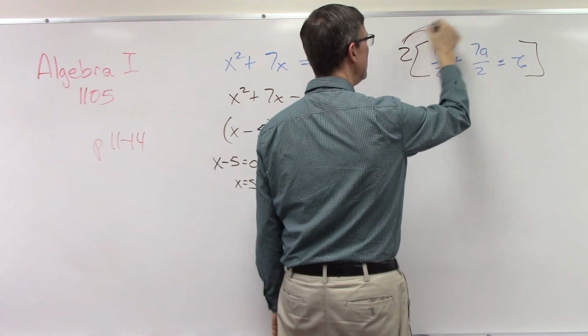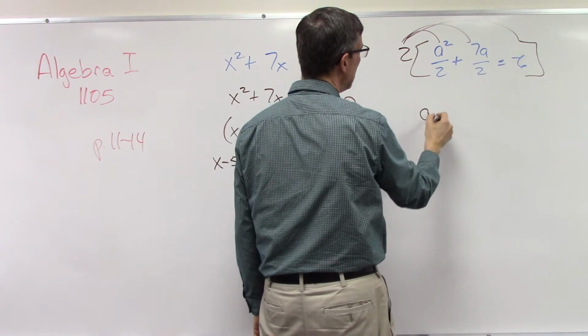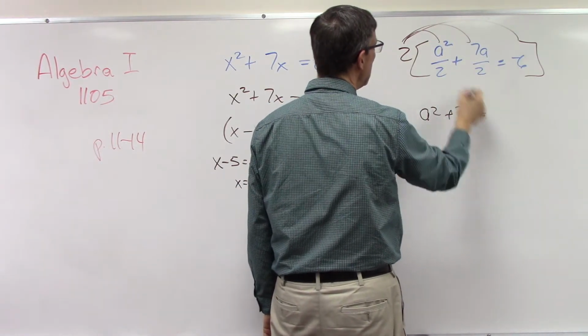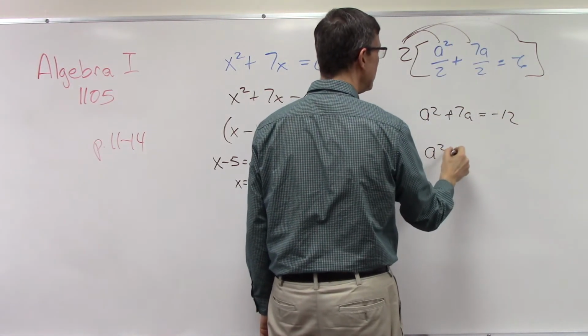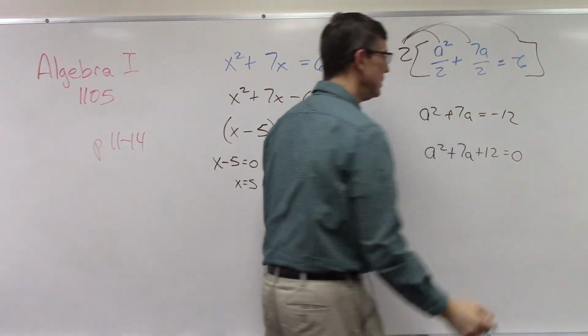It's like the distributive property, times everything. So the 2 here will cancel, and I'll get a squared. The 2 will cancel against that, and I'll get 7a, and then over here I get negative 12. Now I bring that to the left: a squared plus 7a plus 12 equals 0.